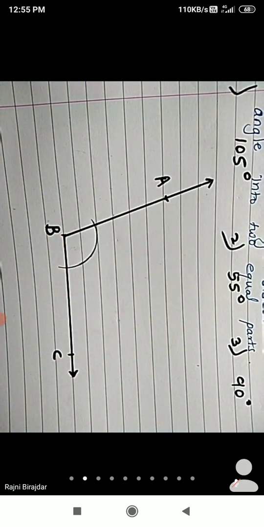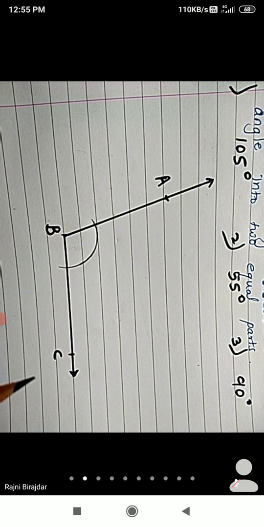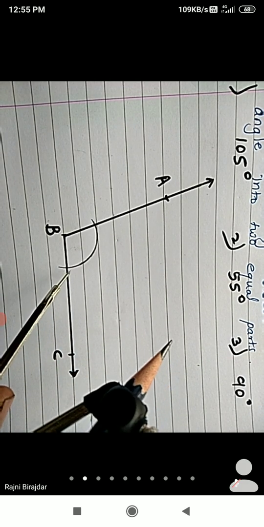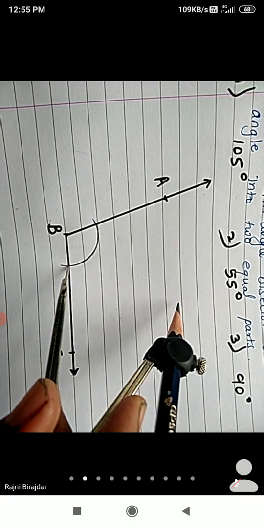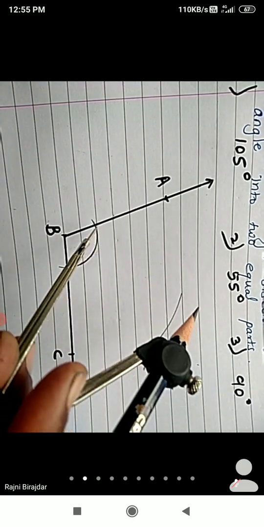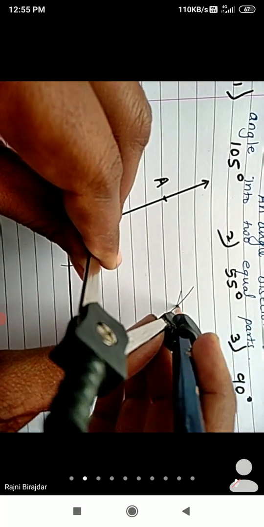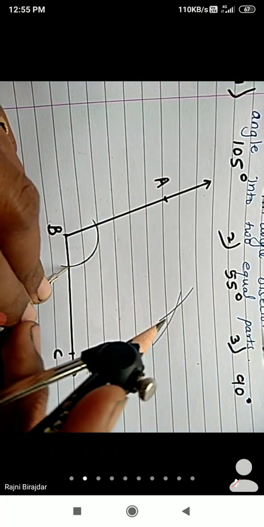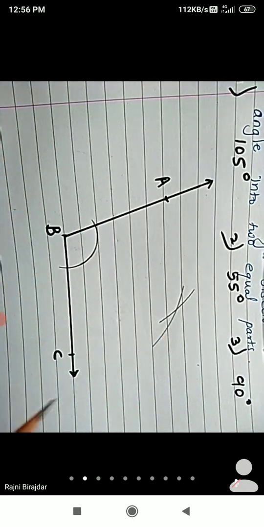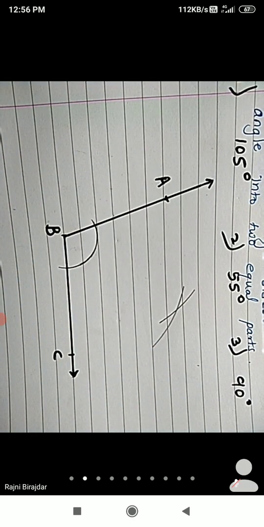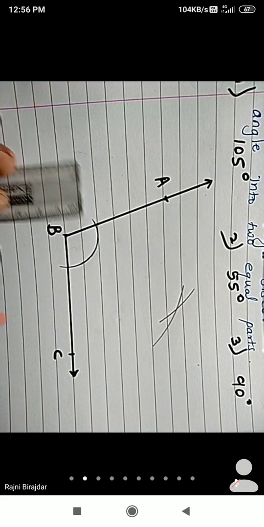Now in the compass extend this distance and make one arc here, and from this point one here. Just observe. Whatever distance you are taking, take the same and join this line.